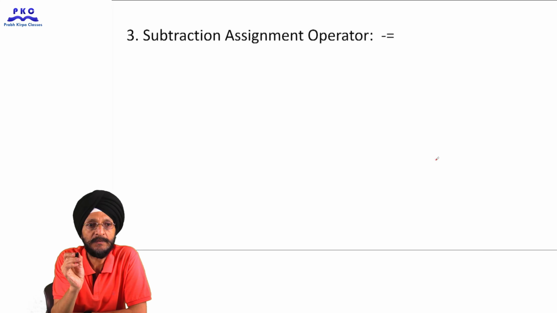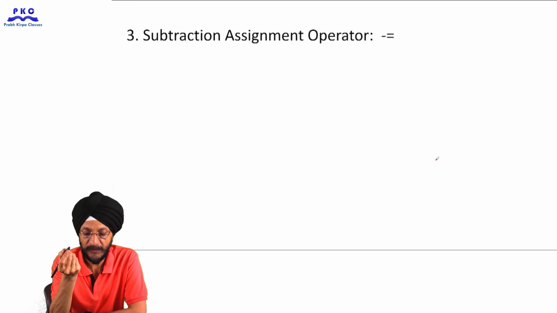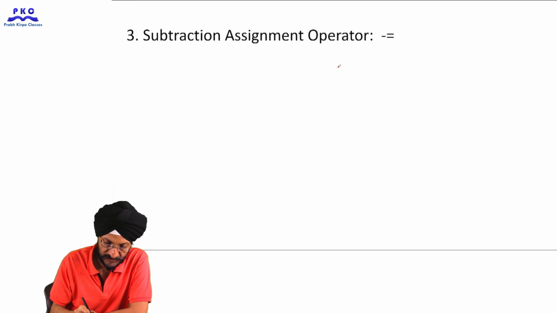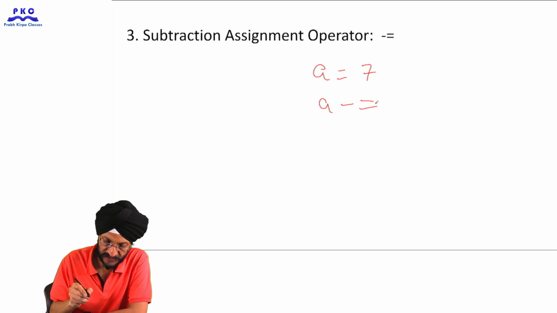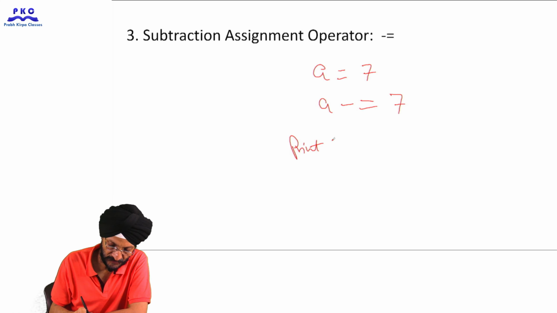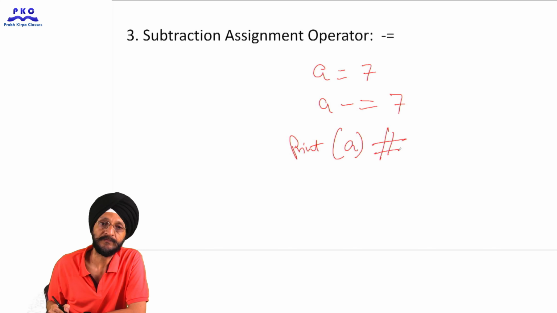Next is subtraction assignment operator. What does it mean? Suppose a is 7. Now we write a subtraction assignment operator 7 and now we use the print function, print a. What will be the output?